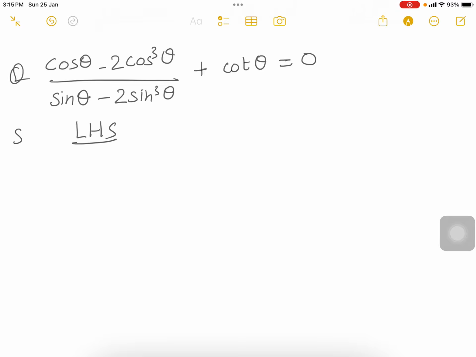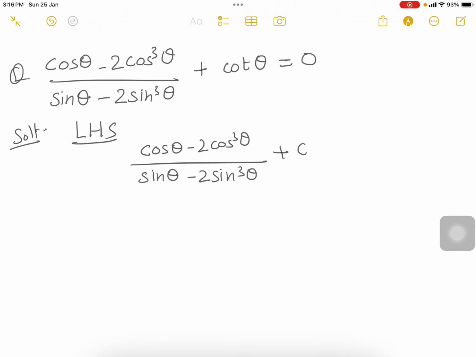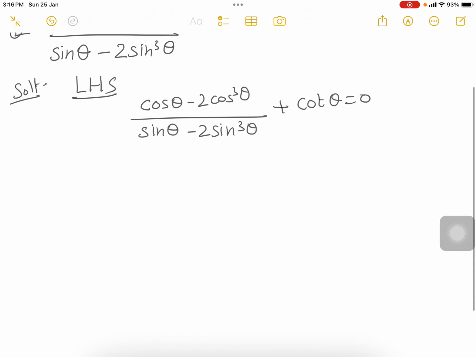LHS. Let's copy down the LHS. LHS is cos theta minus 2 cos cube theta upon sin theta minus 2 sin cube theta plus cot theta. Clearly what I can do is take common cos theta from the numerator and sin theta from the denominator.